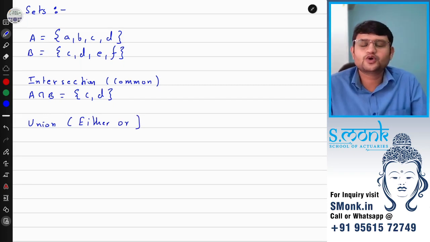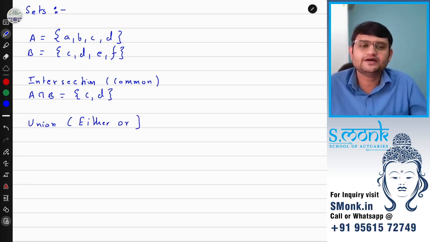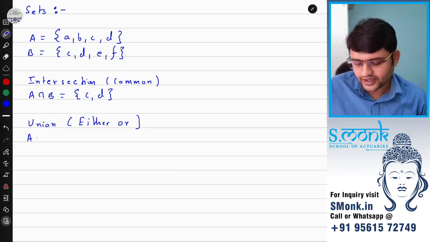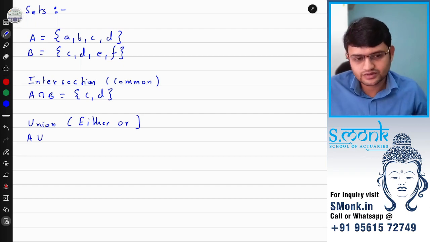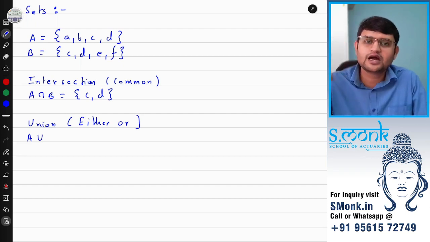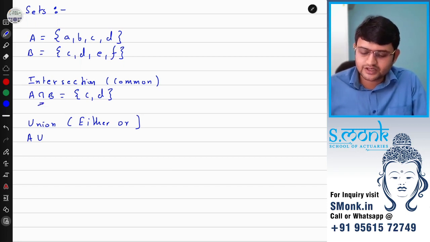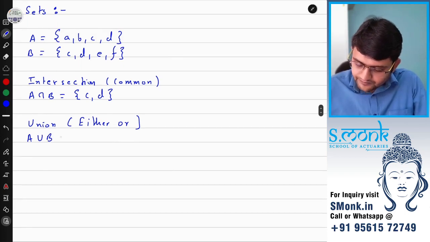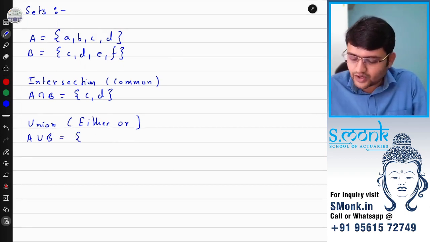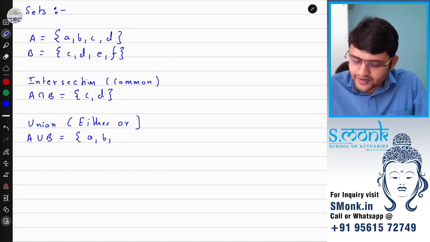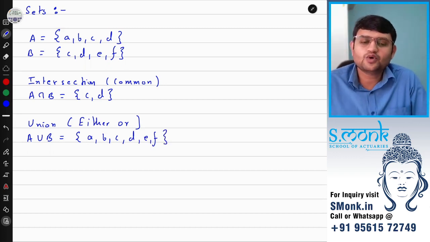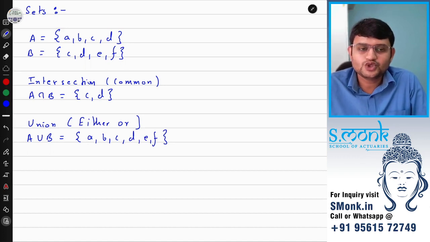So in union, we are going to say an element that is in either A or in B. We write it as A union B. It's not actually U, we call it cup, and the intersection symbol is called cap. So A union B will contain all the elements but only once. C and D were common, so they'll come only once. That becomes our union.